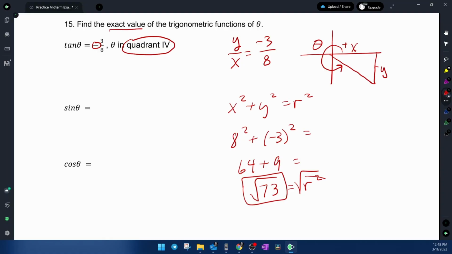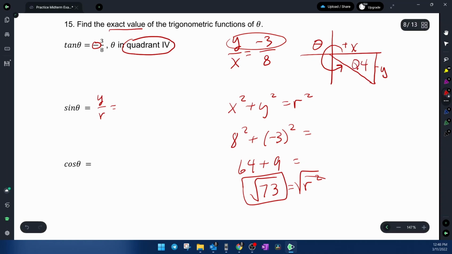So sine of theta, sine is y over r, which remember y was negative 3. Also, in quadrant 4, we know that sine has a negative value. So that's going to be negative 3 over square root of 73, which needs to be rationalized. Negative 3 square root of 73 all over 73.